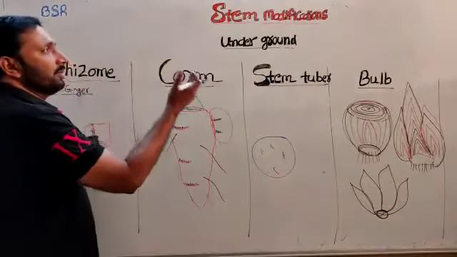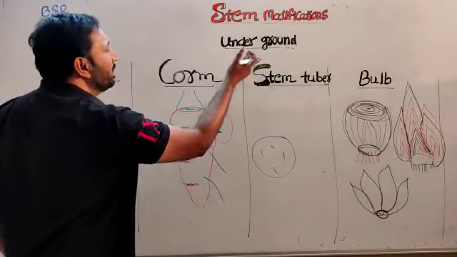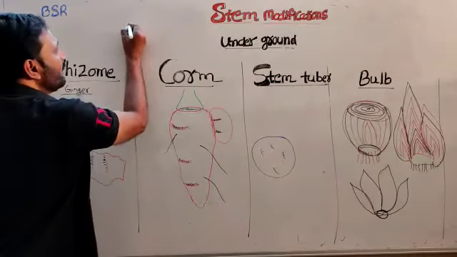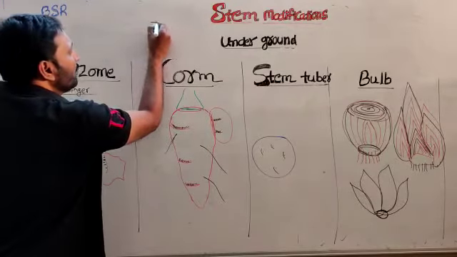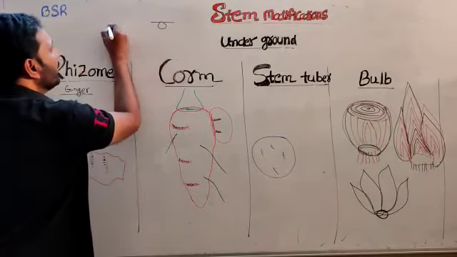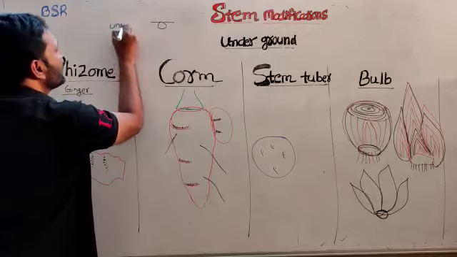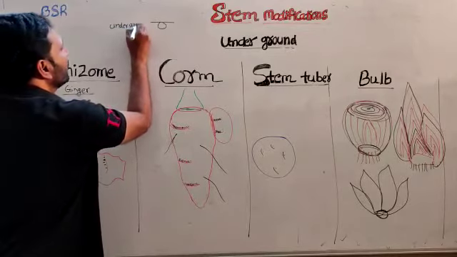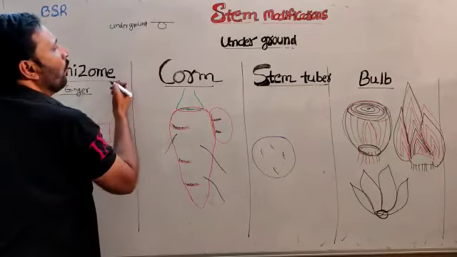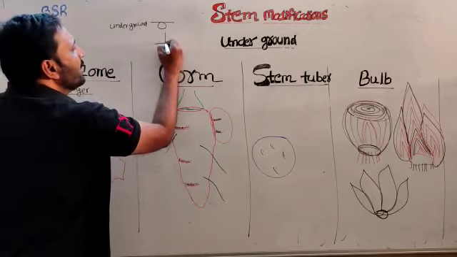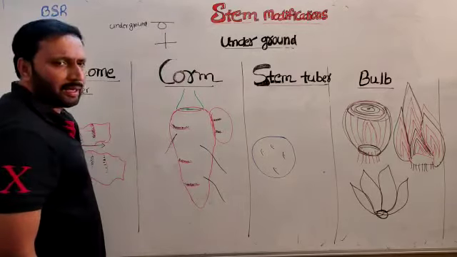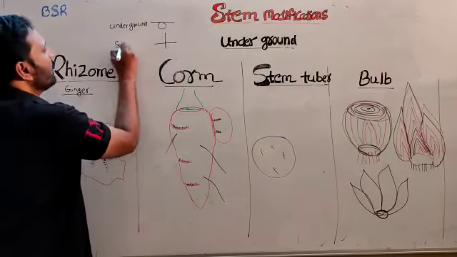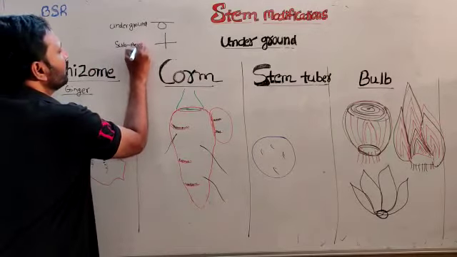Before the stem modifications, we should know that when the stem is present completely below the soil, that stem is called underground stem. When part of the stem is aerial and part of the stem is underground, that is called subaerial.